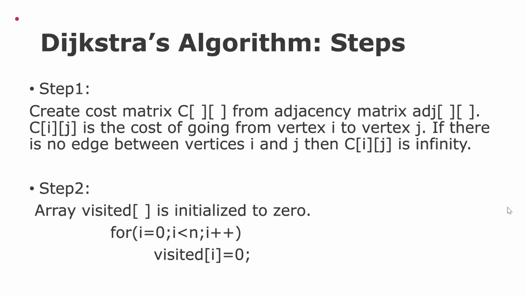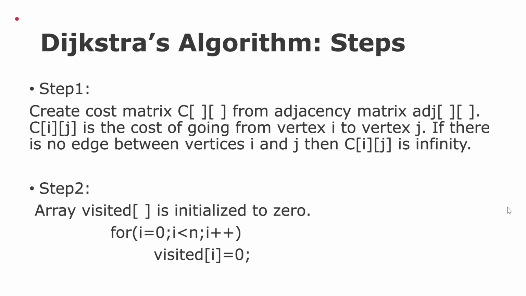If the path of a node is relaxed, then we make it visited. Visited equals 1 means the optimum path for that particular node is computed. Otherwise, initially visited[i] is 0. For all nodes, visited is 0, because initially I have not computed the optimum path for any of the vertices, so initially all remain 0.